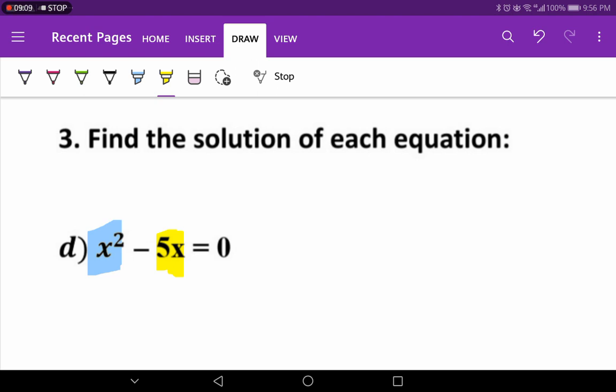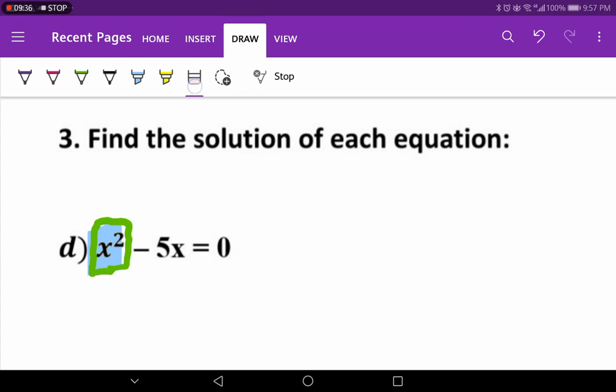You have an option or advantage here to take a common factor between the 2 terms. Why can we not accept this as a difference of 2 squares, my dear student? Because the first term is a square, but the second one is not a perfect square.